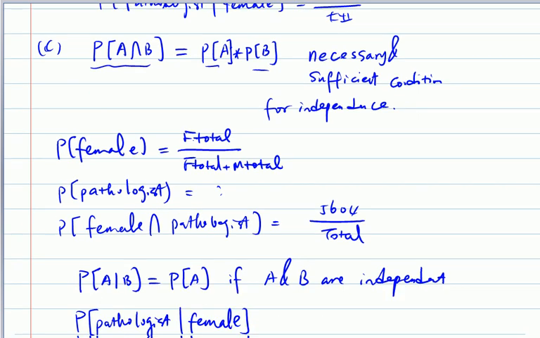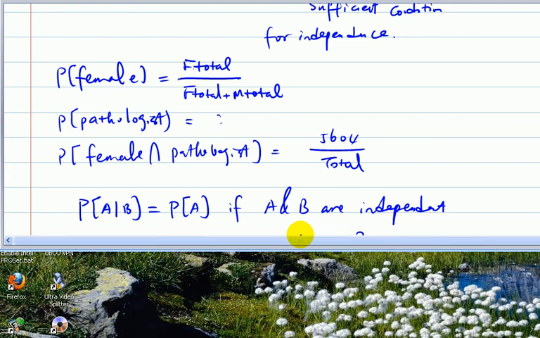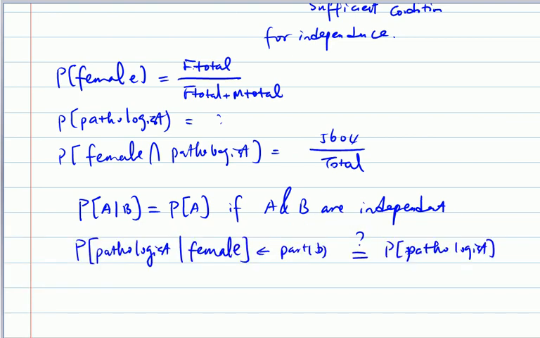So this is from part B. Then you compare that with the probability of a pathologist. See if they're the same. If they're the same, then that means they're independent. Okay, and if not, then you can conclude that A and B are not independent. Okay, so that's this question here.